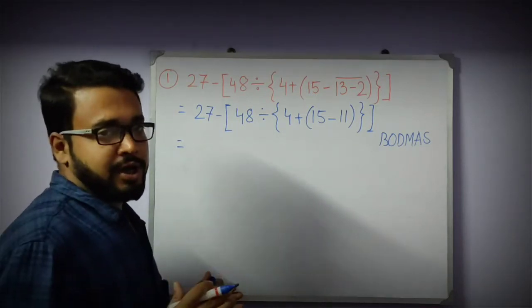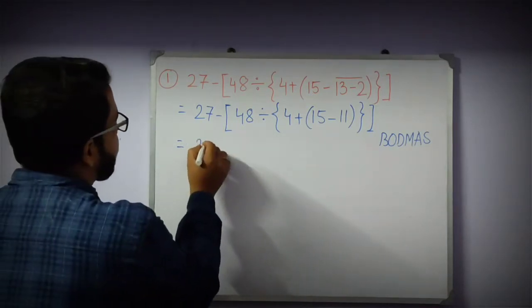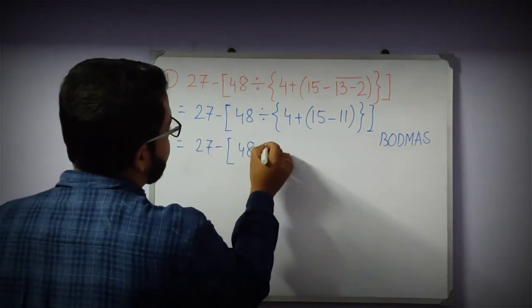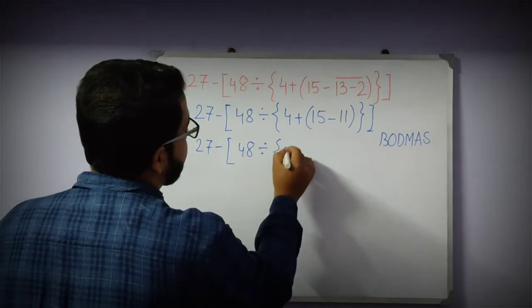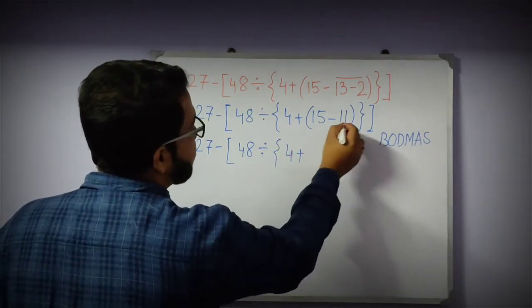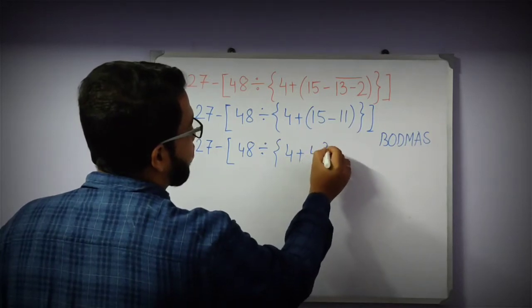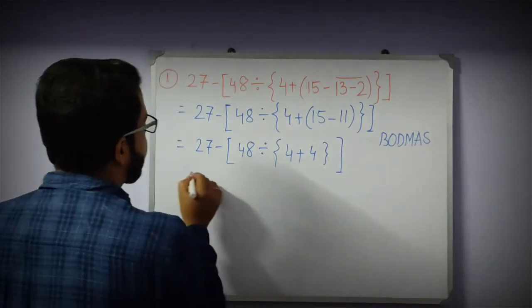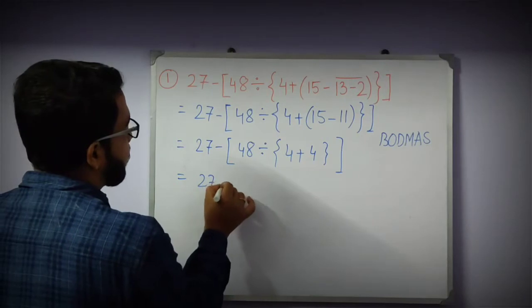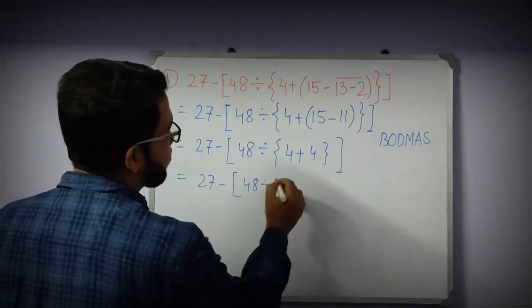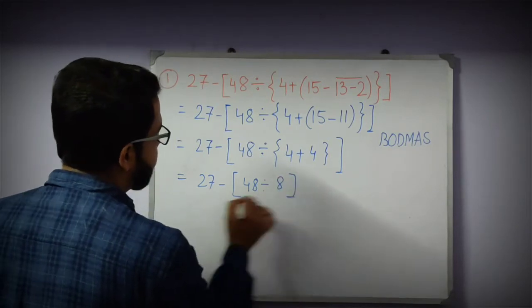ব্র্যাকেটের কাজ আগে করতে হবে। So 27 minus 48 divided by 4 plus 15 minus 11, first bracket 4. এবার আমাদের সেকেন্ড ব্র্যাকেটের কাজটা করতে হবে। 4 plus 4, that means 8.